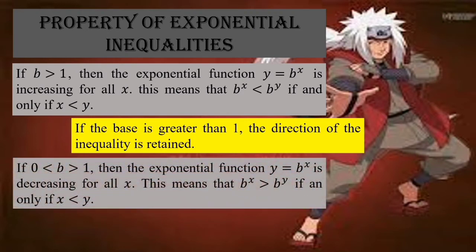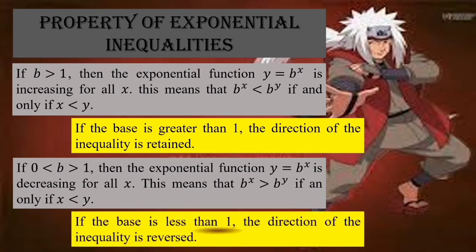So, if b is greater than 0 but less than 1, then the exponential function y is equal to b raised to the power of x is decreasing for all x. This means that b raised to the power of x is greater than b raised to the power of y if and only if x is less than y.